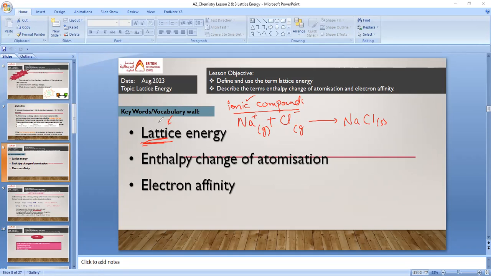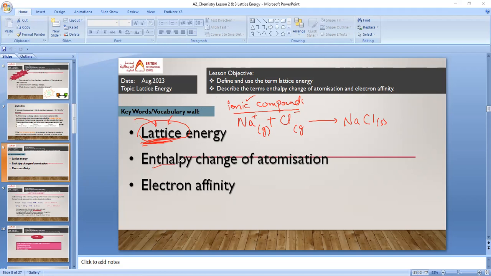You should remember that lattice is used for ionic compounds in physical chemistry. Obviously, some covalent compounds can also make a lattice structure, but these are different. For this type of question, just remember we are talking about ionic compounds. So it is the energy released when NaCl or any compound is formed from its gaseous ions.